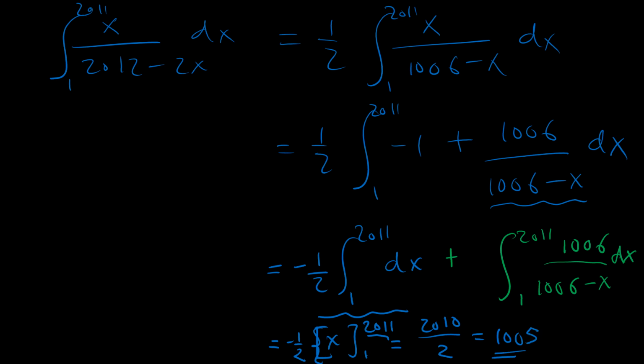So we have dealt with the blue integral. Now let's look at the green integral, which is an interesting integral, a half of 1006 over 1006 minus x.